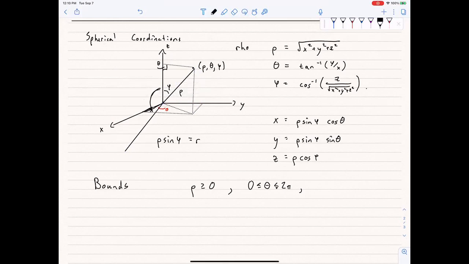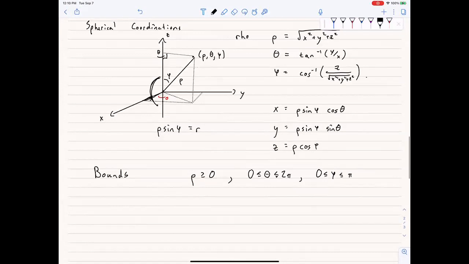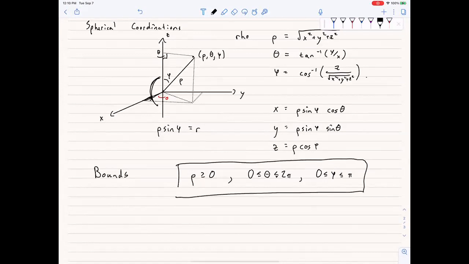But I can go all the way to the negative z-axis, and once I get there, this angle is 180 degrees. If I keep on going, it's going to start decreasing. So the maximal angle for phi is pi. These are the bounds for the spherical coordinates that we want to keep in mind. These bounds will come up especially when we do integration.